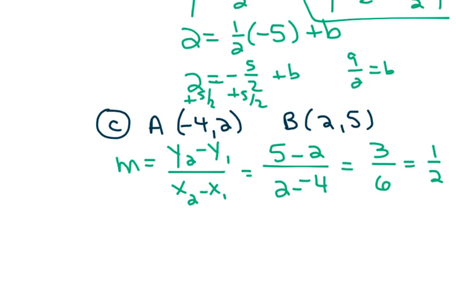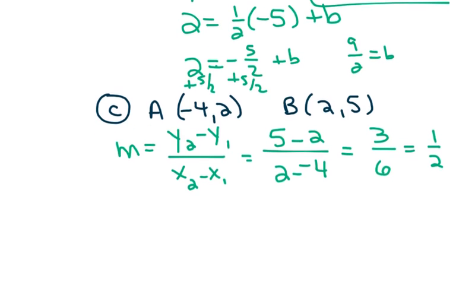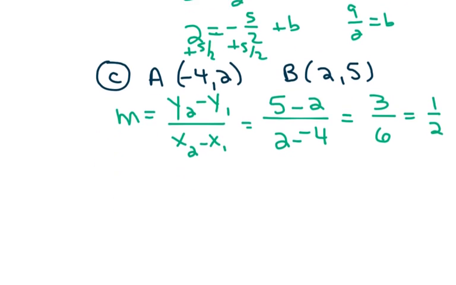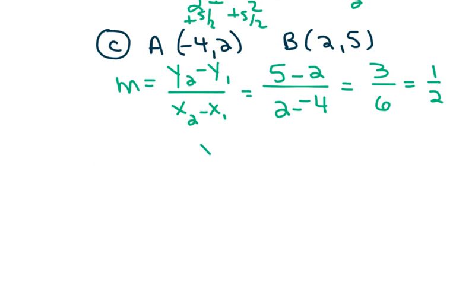To find the y-intercept b, you can do it the same way I did in part B, where you pick just one of the ordered pairs and plug it in for x and y. But I'm going to show you another way. There's another way to write the equation of a line. It's called point slope form.